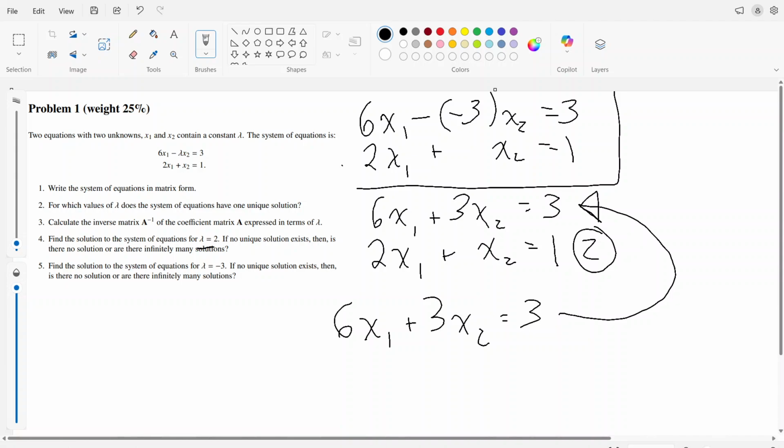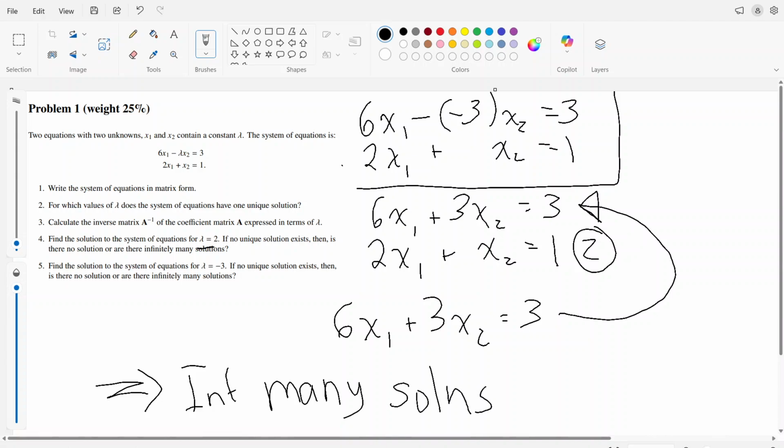So because both equations are exactly the same, and they're the same line, this means there are infinitely many solutions. And that is the answer to number 5.